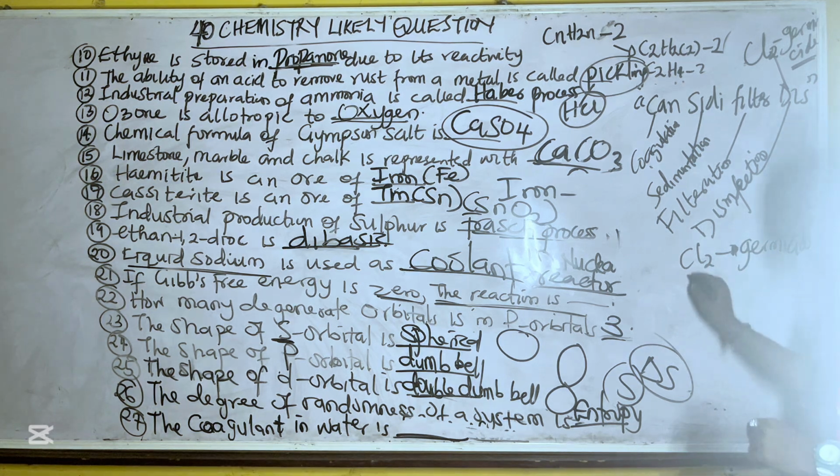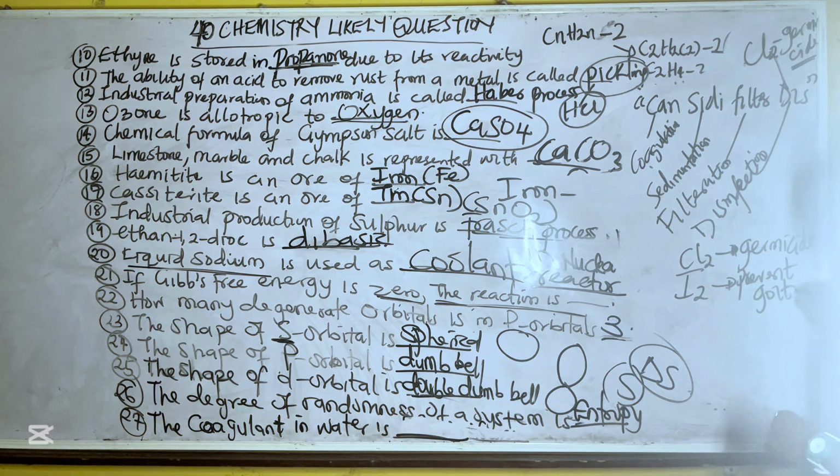The second one is iodine, used to prevent goiter, especially the biology students, you must know this. The last halogen is fluorine, which is used to strengthen bone or teeth in this case.